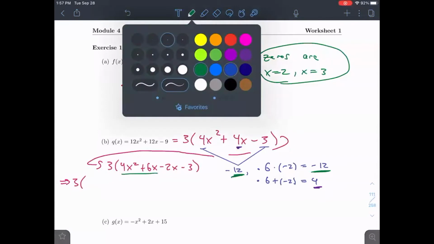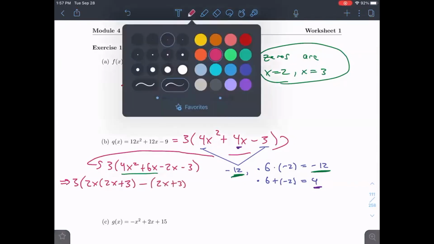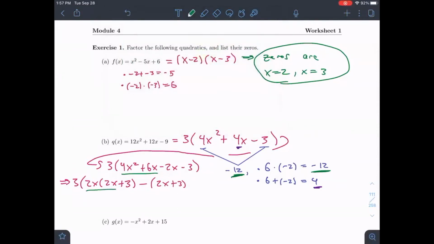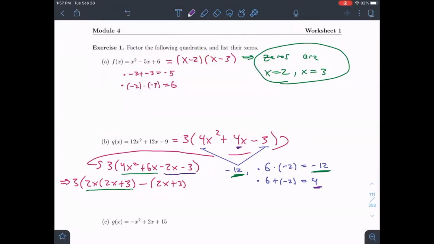So this is going to be equal to 3, and then you factor out the 2x, so we have 3 times 2x plus 3, and that's going to be minus 2x plus 3. So this 2x times 2x plus 3 corresponds to the 4x squared plus 6x, just factoring out a 2x. Then the minus 2x minus 3 corresponds to this minus 2x plus 3.